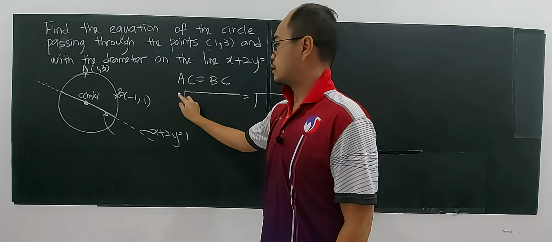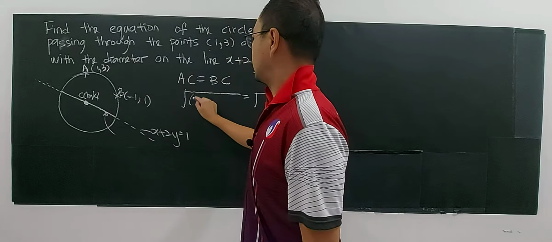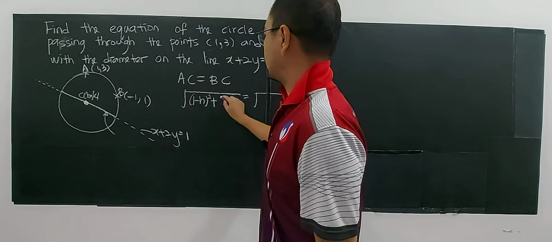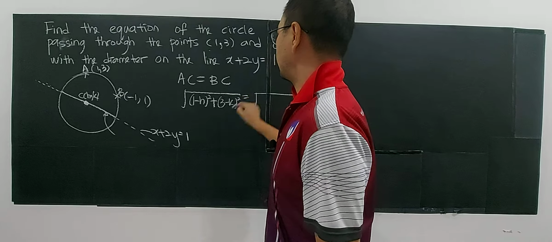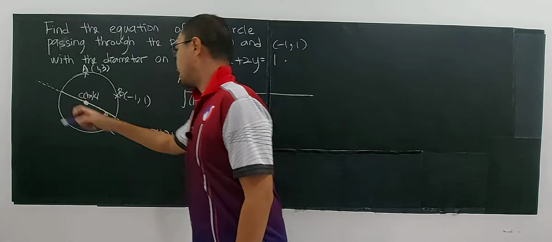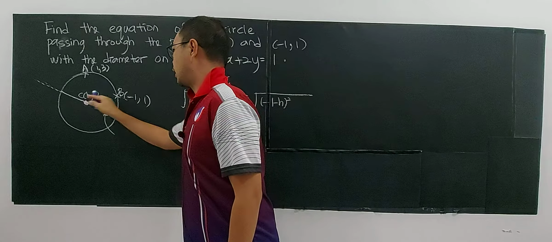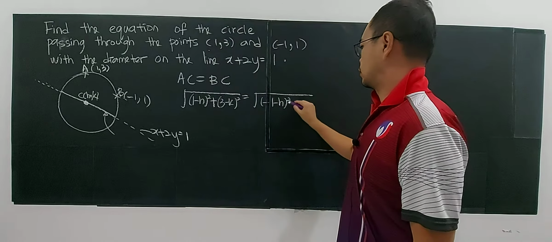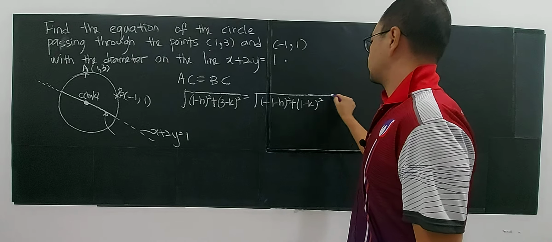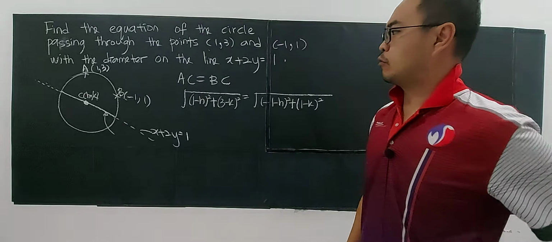The way of finding the distance is the square root of x1 minus x2 squared plus y1 minus y2 squared, so for AC, 1 minus h squared plus 3 minus k squared. Same for the distance from B to C: negative 1 minus h squared plus 1 minus k squared. This is the first relationship by using the concept of radius.